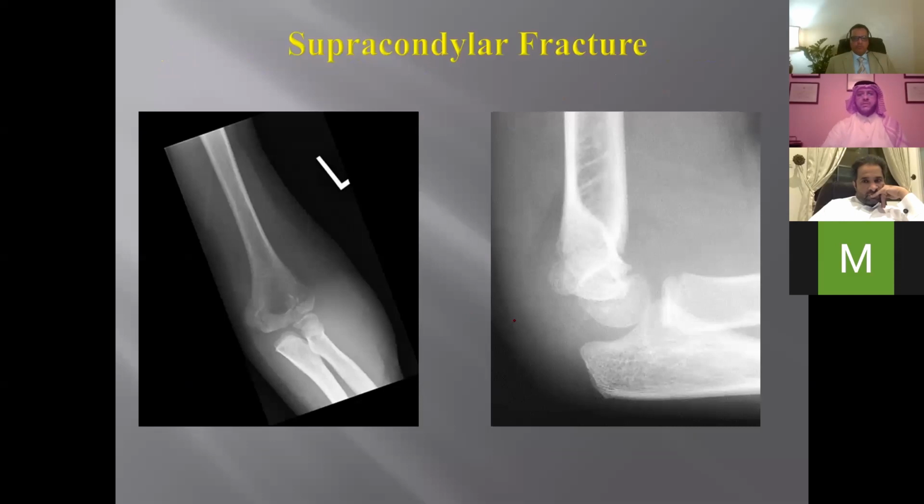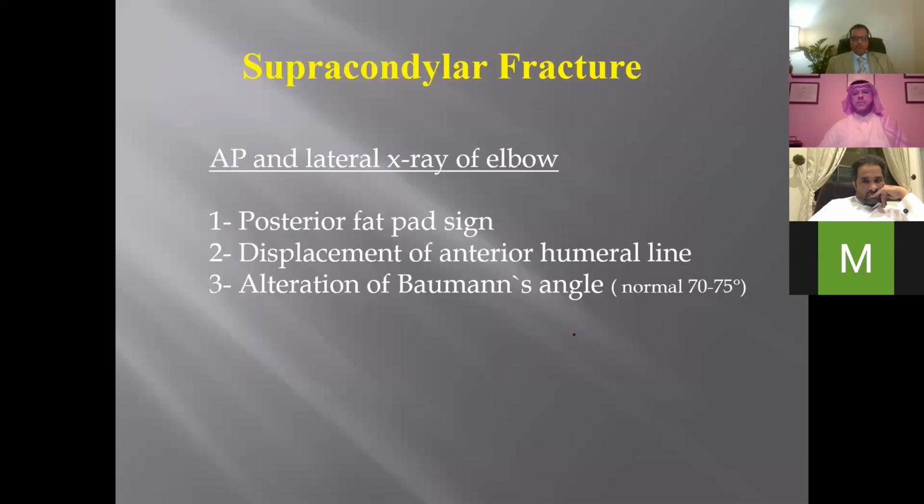What's the abnormality here? The supracondylar fracture. Mainly, I'm going to focus on the X-rays or radiological studies more than the treatment and the presentation of the patient. Now, what you're going to see for the supracondylar fracture when you do X-rays: you need two views, AP and lateral X-ray of the elbow.